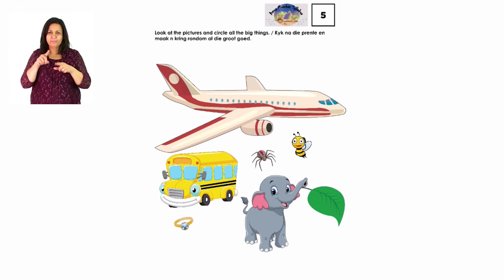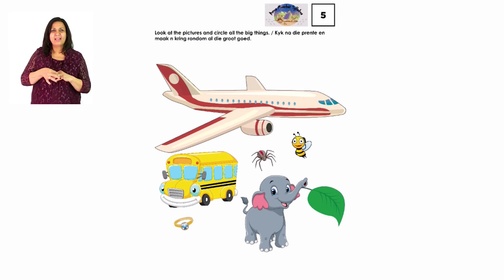Let's look and see what is this gray animal with a long trunk. It is called an elephant. Well done. Let's move on to the last picture, just below the bus.